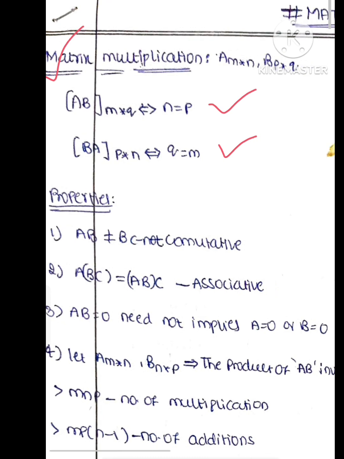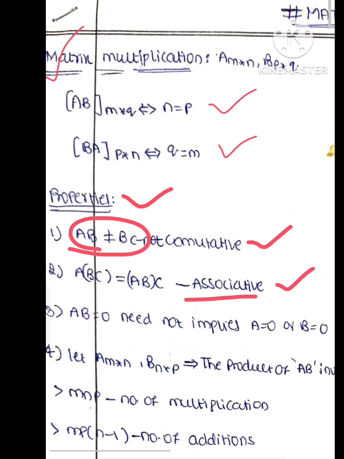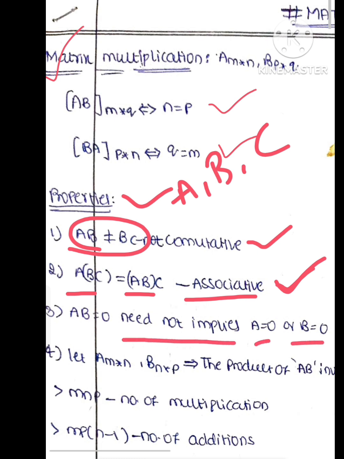Here some properties are given for matrix multiplication. It says that matrix multiplication is not commutative, that means A into B is not equal to B into A. Matrix multiplication is associative, that means if A, B and C matrices are given, then A into BC is equal to AB into C. Also, AB equal to 0 does not imply A equal to 0 or B equal to 0.